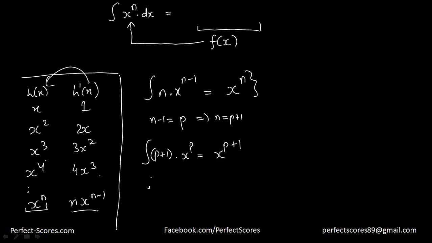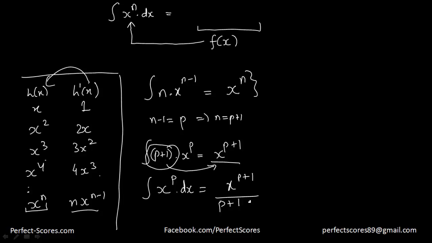So I can say that the antiderivative of x to the power p dx is equal to x to the power p plus 1 divided by, this is a constant, which means I can take it to that side, so this is going to be divided by p plus 1.